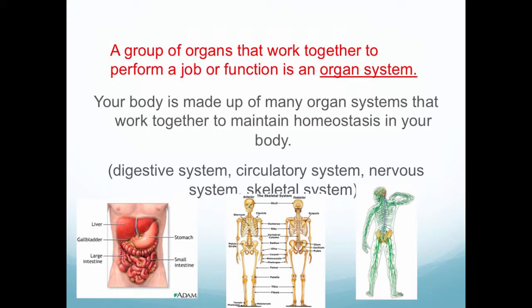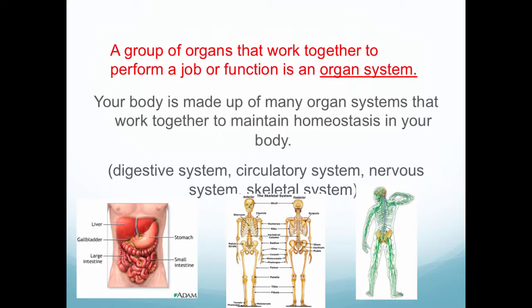So a group of organs that are working together to perform a particular job or function is called an organ system. So the digestive system, for example, what do you think its job is? Is its job to just take in food? No, that's your mouth. That's an organ. Or is its job to break down the food that you take and get the nutrients out?